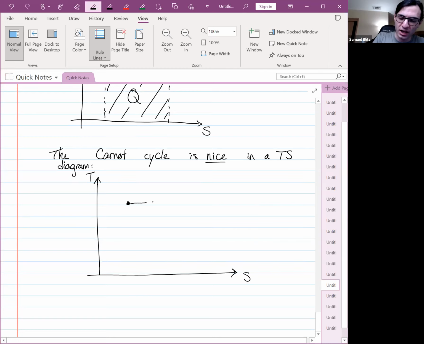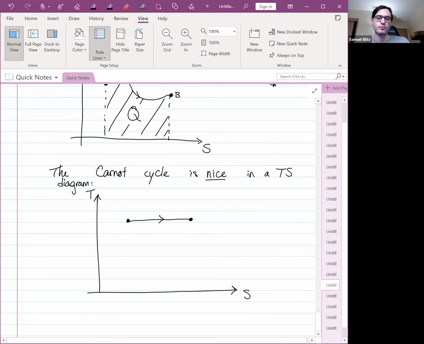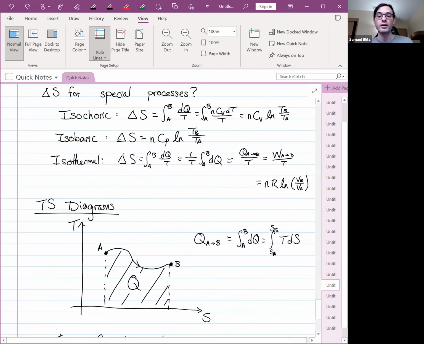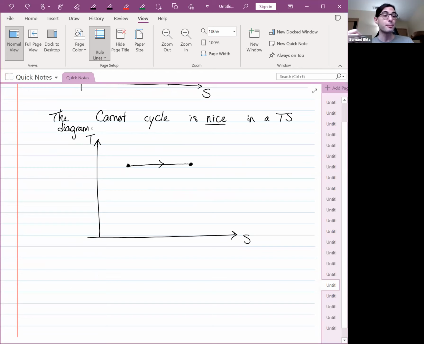So if the temperature is staying constant, then you're going from left to right. You're adding energy to the system. Looking at our formula here, if U increases, then the entropy increases. So you're moving to the right on your diagram, but your temperature is constant. This would be an isotherm on a TS diagram.